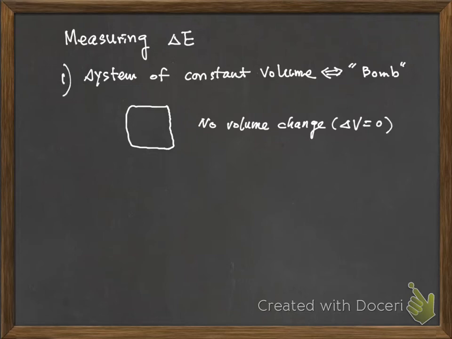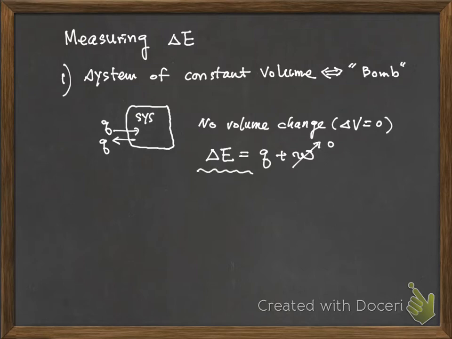So this is a constant volume system, and the only thing that can happen is heat can go in or heat can go out. So by the first law of thermodynamics, internal energy change is Q plus W, and there is no work involved. Therefore, if you know how much heat you put in at constant volume, using the symbol QV, that is the same as the internal energy change.